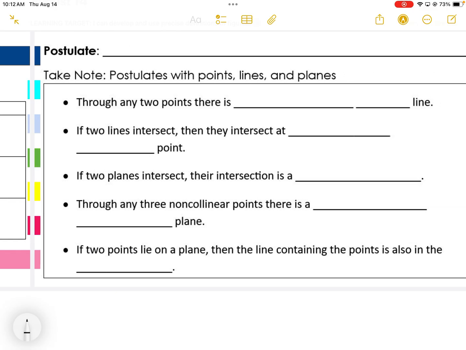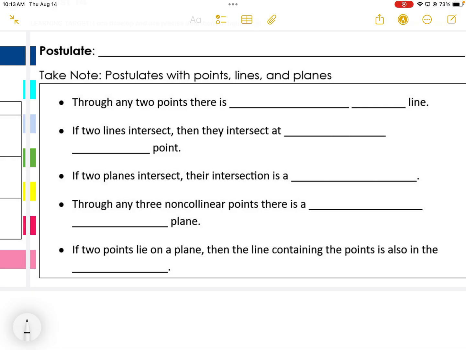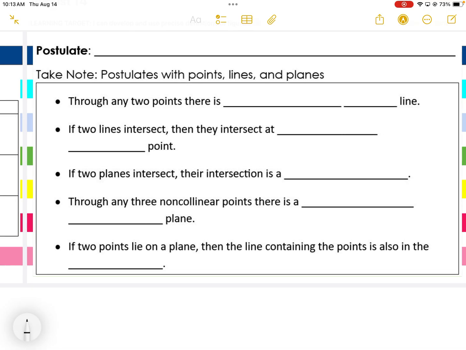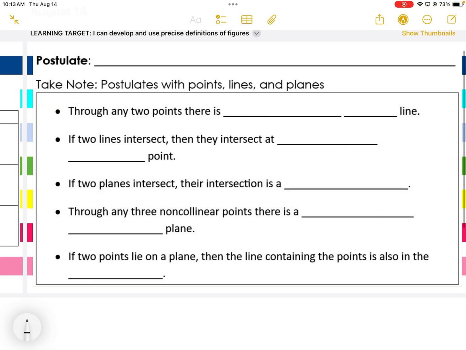All right. There are some rules that go with points, lines, and planes, and so we're going to go over these. There are different types of rules in geometry. You have postulates, which is this right here, and these are statements assumed to be true without proof.